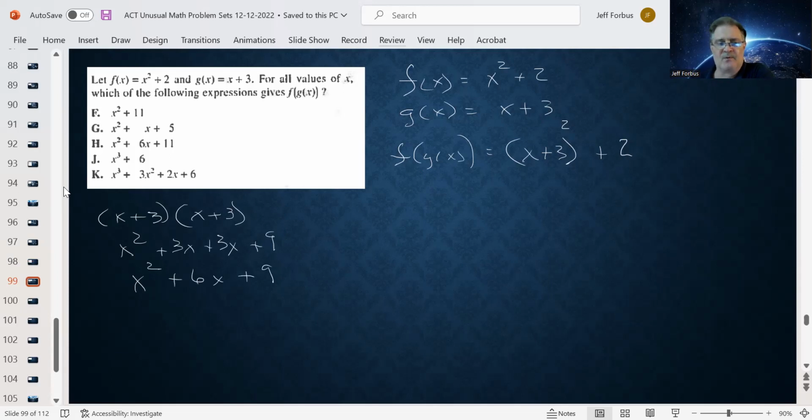So the x plus 3 squared is x squared plus 6x plus 9, and then we're going to add 2. Well, 9 and 2 is 11. So we're going to get x squared plus 6x plus 11. Now, that becomes answer choice H. All right, let's roll on.